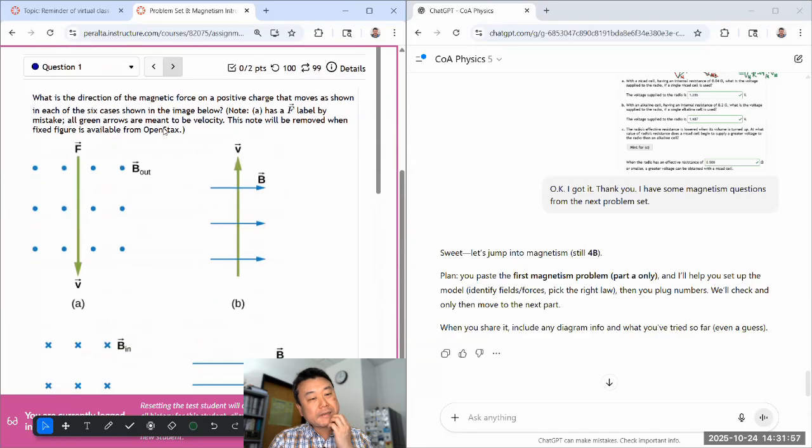So I'm just interested in how well ChatGPT 5 answers these questions, because it's always a struggle with the magnetism, I think because it involves geometric reasoning.